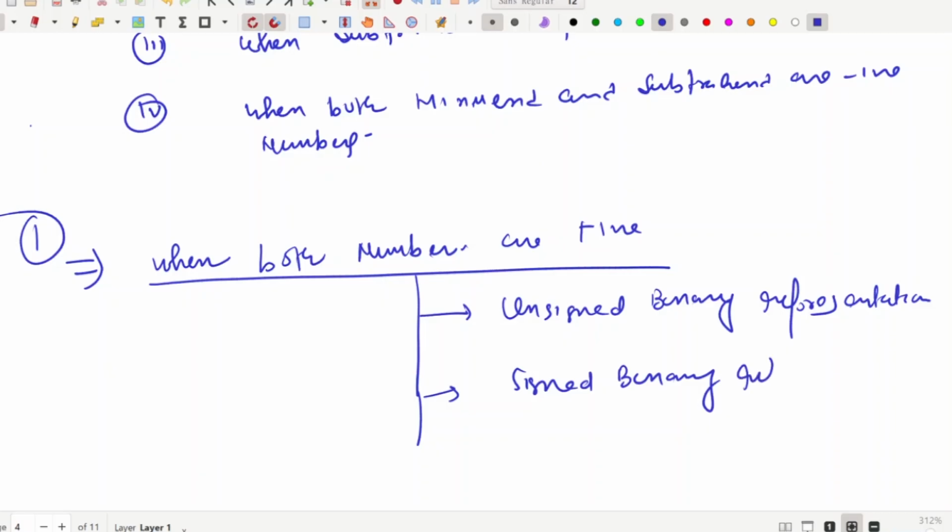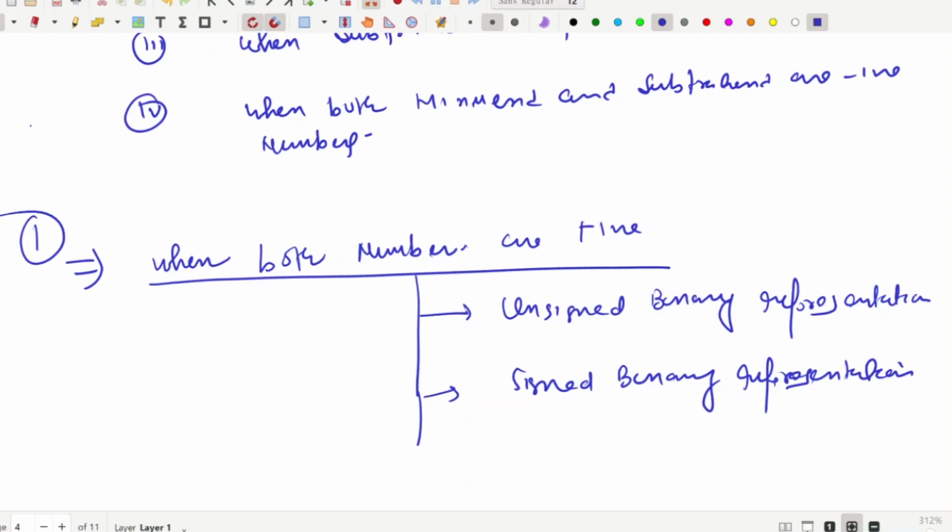Unsigned binary representation means none of the bits are used for representing a sign bit, but when we use a signed bit representation, the most significant bit is fixed for representing a sign bit. When the most significant bit is 0, the number is positive, and when the most significant bit is 1, the number is negative.